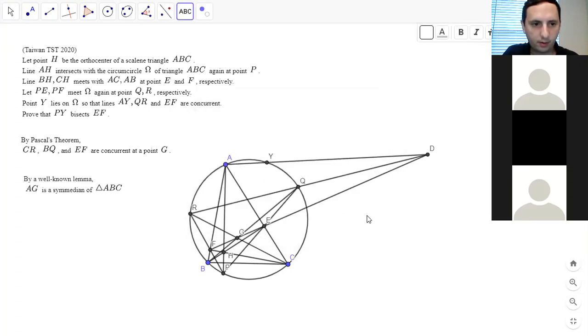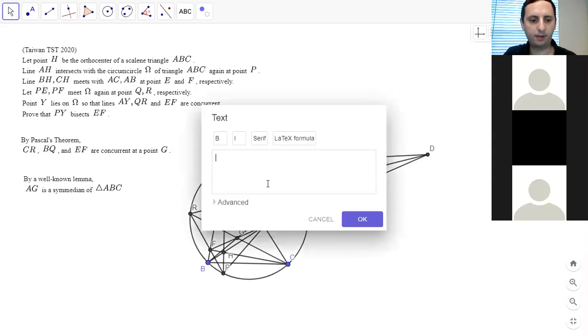So, and then EF is anti-parallel to BC, so AG is a median of BC. Yeah, now we can finish the problem by second Pascal. Okay, hold on one second, I'm going to type it up.